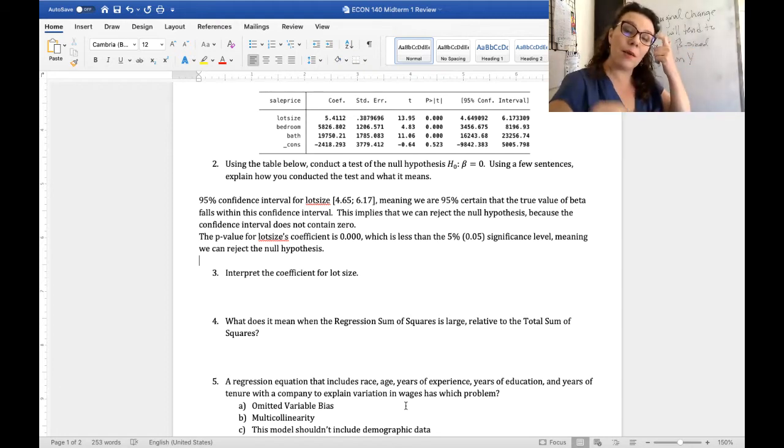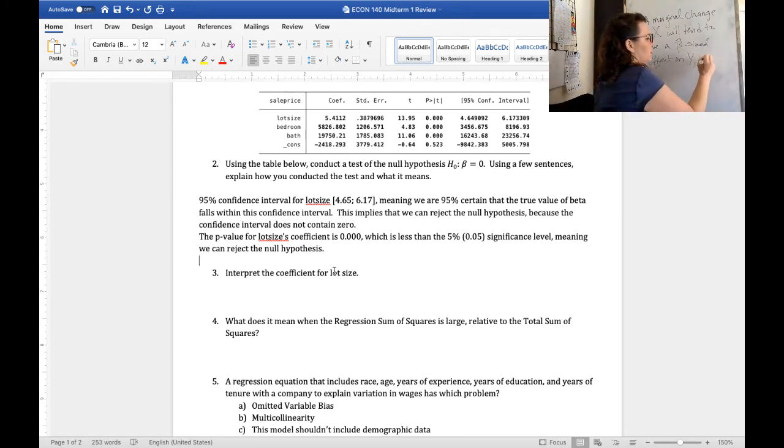And because this is a multiple regression, there are 4 variables, right? Sale price is y, and then x is lot size, bedroom, and bathroom. We want to hold those constant, holding all other variables constant.